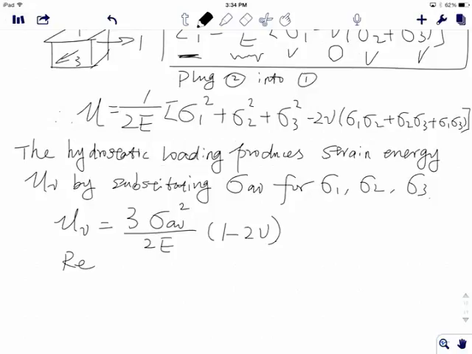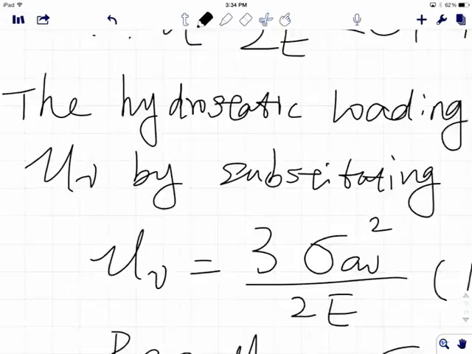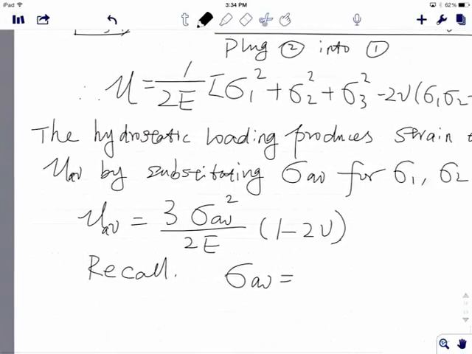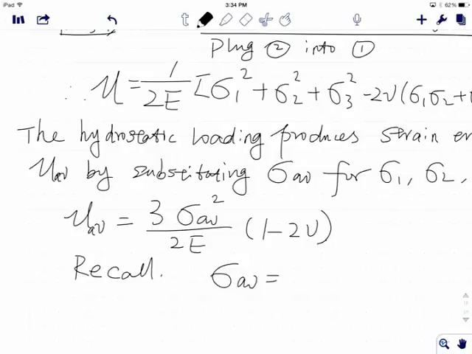And recall, I can make this an AV as well, average. So I'm looking at case B, where the average stress is defined.